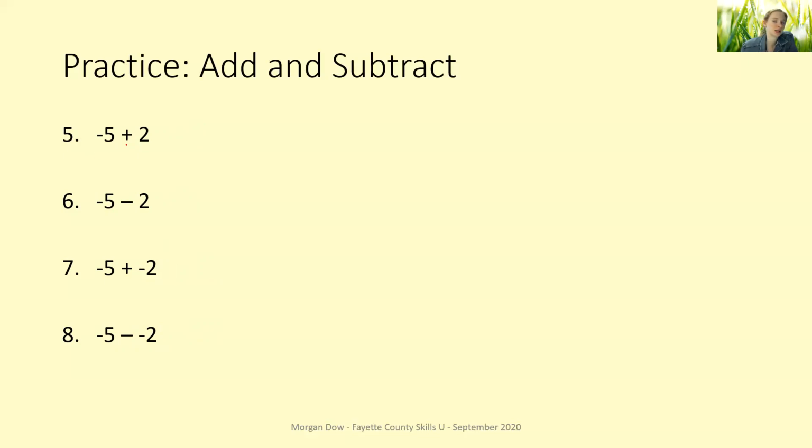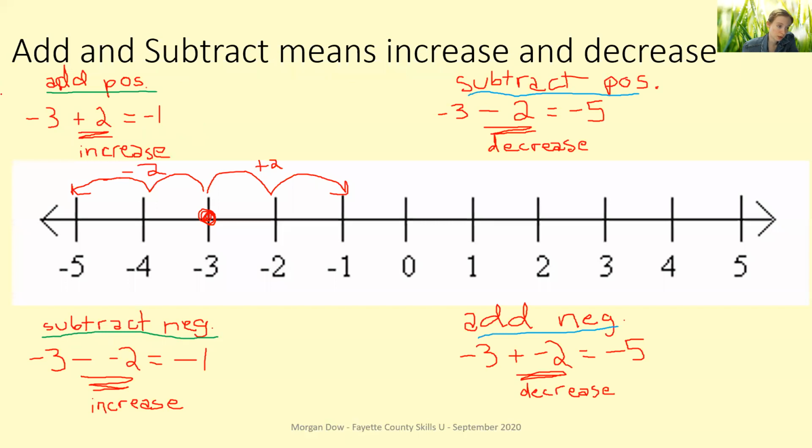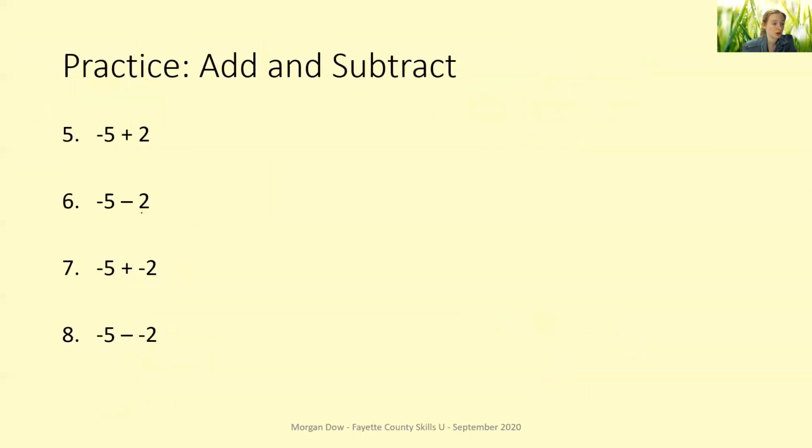Negative 5 plus 2. Well, we're adding a positive, so we should increase. Our starting point is negative 5, and we increase 2 spaces, if we travel to the right 2 spaces, we are going to end up at negative 3.